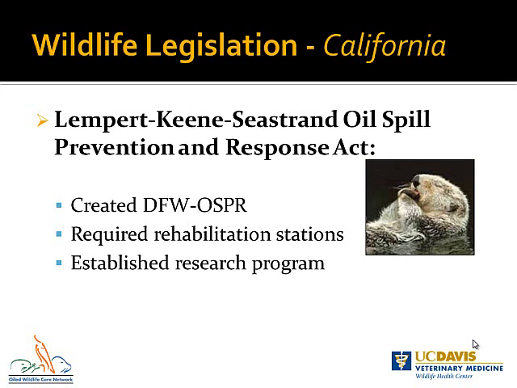It required rehabilitation stations for animals that are impacted by oil spills, and it established a research program to try to be able to deal with oiled wildlife better, so always improving.